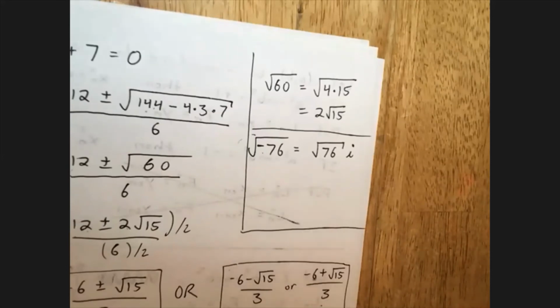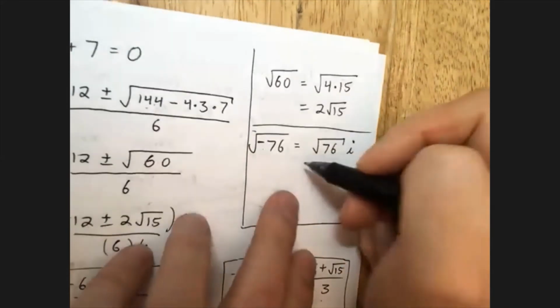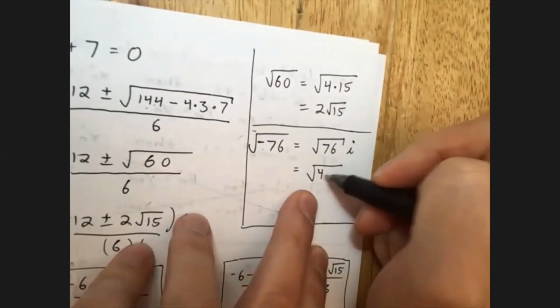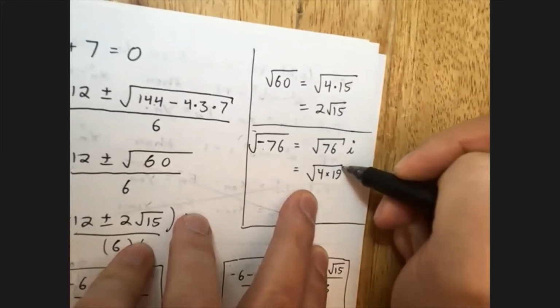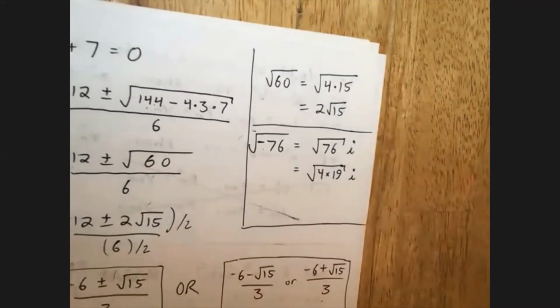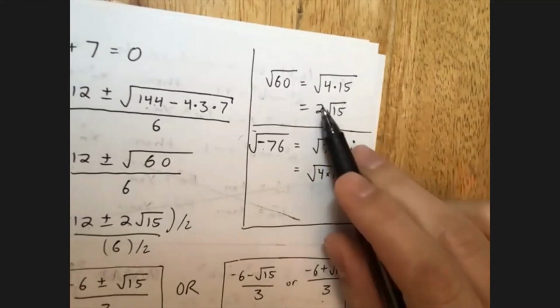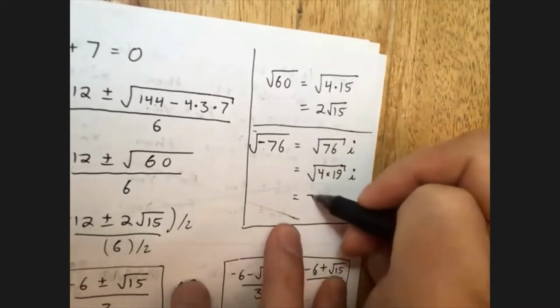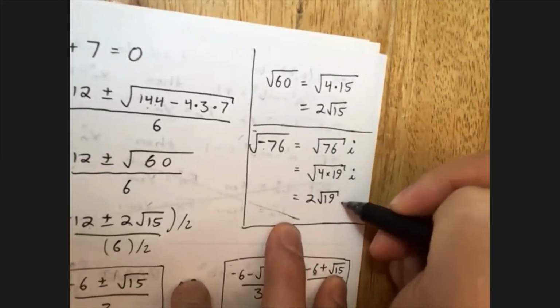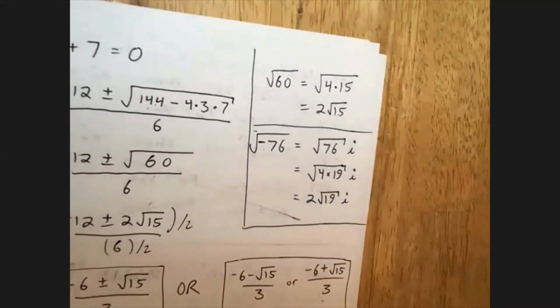And 38 is divisible by 2, so that means it's divisible by 4. It's 19 times 4, and 19 is a prime number, so that's as good as I can do. So I can write this as the square root of 4 times 19, and the square root of 4, just like we did up here, is 2. So it's 2 root 19 i. That's what root negative 76 is.